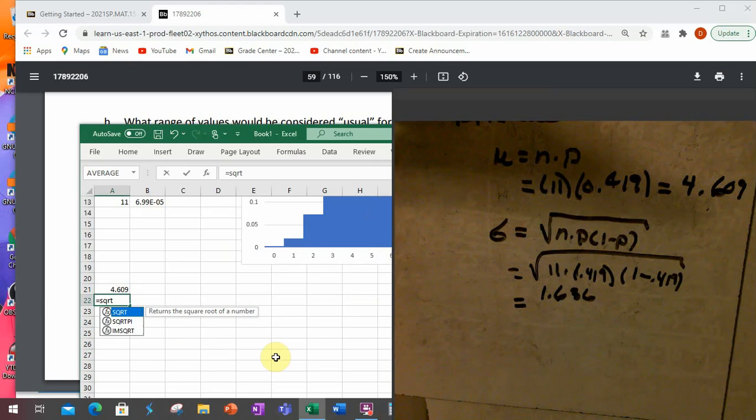So write that down as well. That should be on your formula sheet. And then the 11 times the 0.419, you could also put 4.609 at that point, times parentheses 1 minus the 0.419. Close parentheses for that one, and then one more to close up for the function, and that gives you the 1.636.